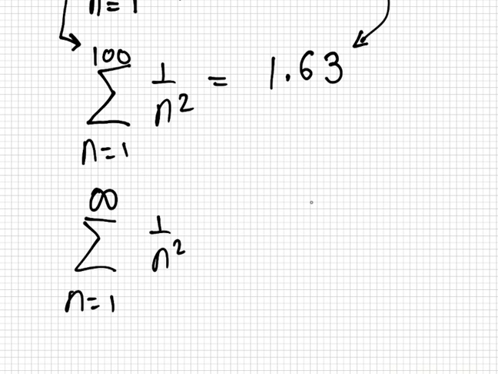Okay? And in fact, we will do some examples of this in a later class. Not this one though. This one's too difficult, because the end is quite far. This one here actually will end up equaling pi squared over 6. So why don't you type in pi squared over 6?